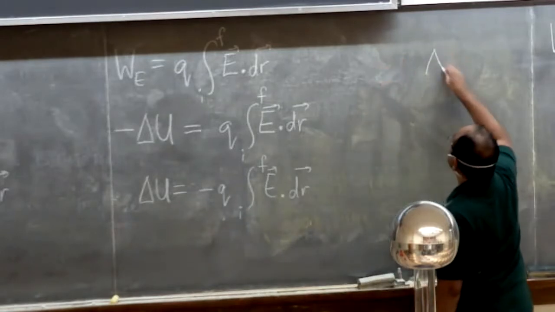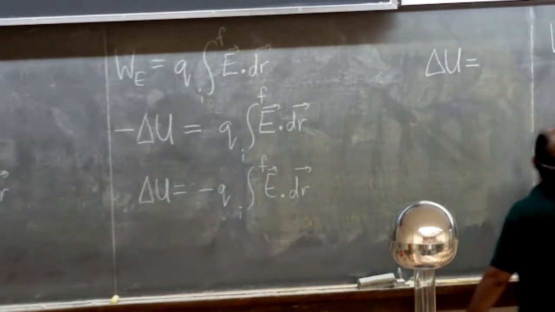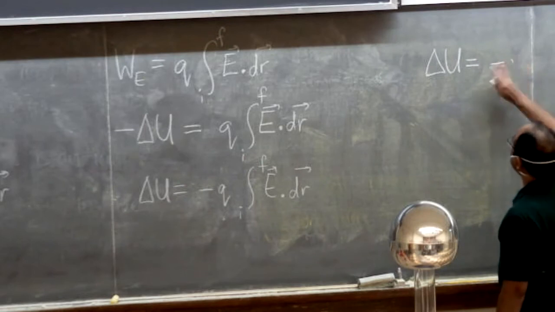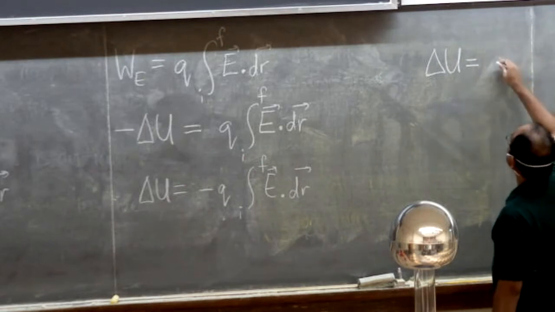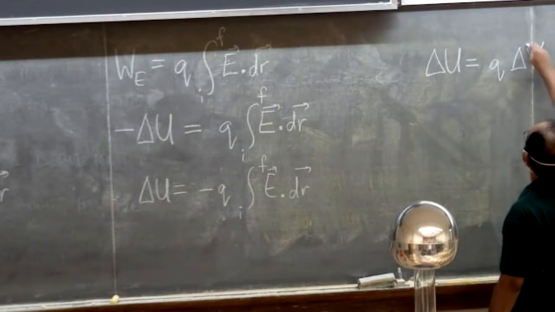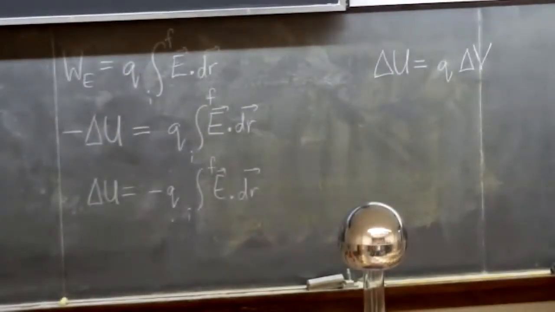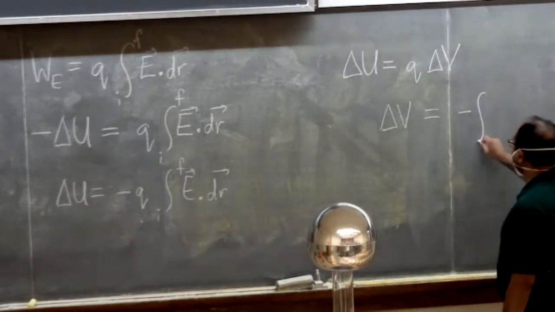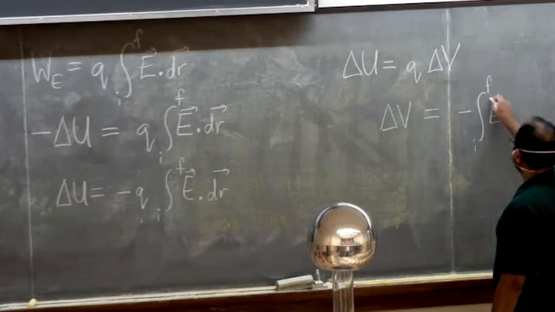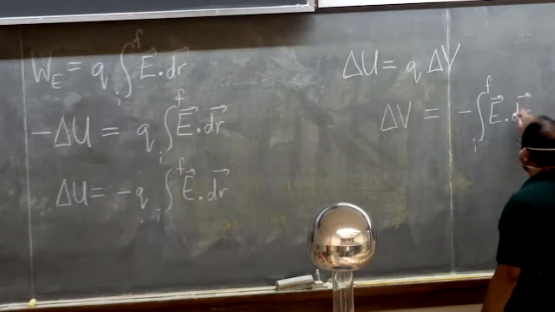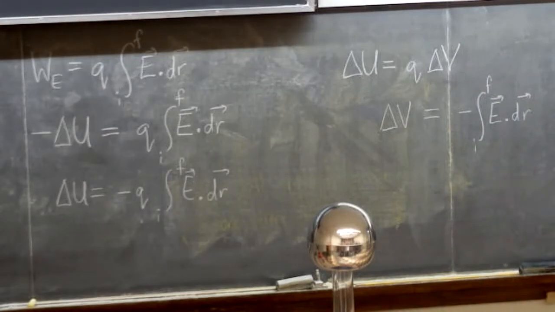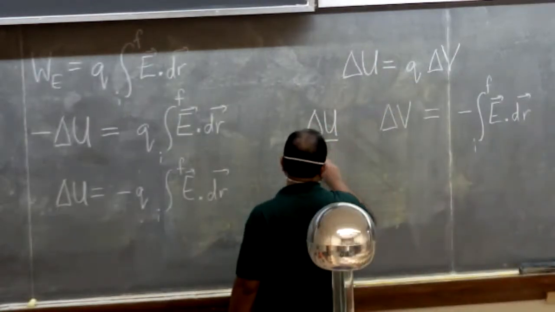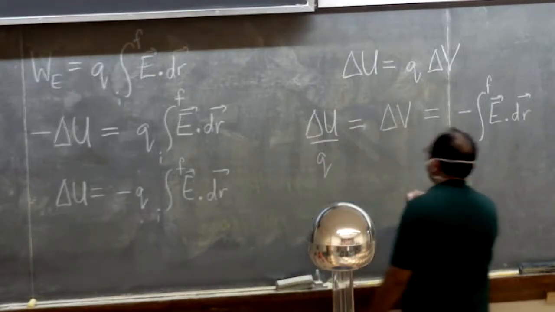And so what I'm left with, if I define a new quantity, is q delta V, where I have defined delta V as negative integral initial to final E dot dr. And you can also relate it to the potential energy by just dividing that over by q.